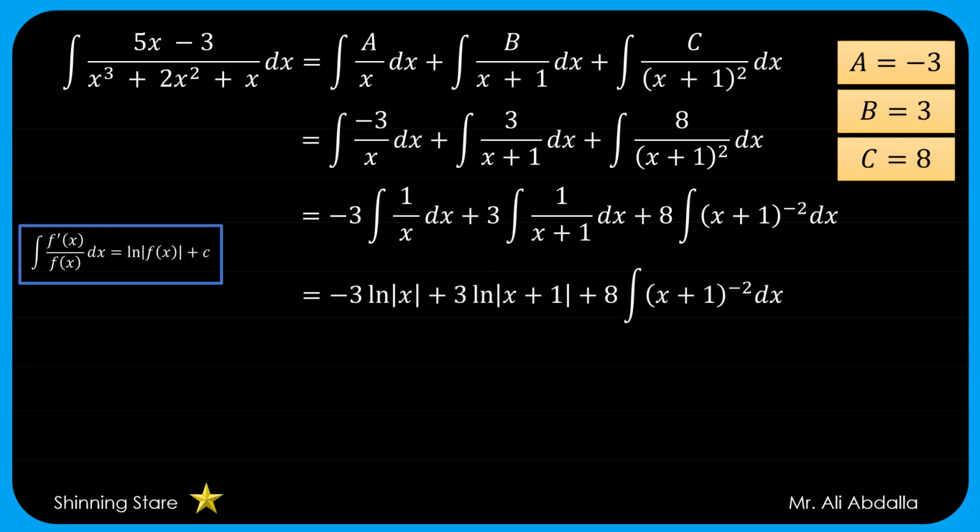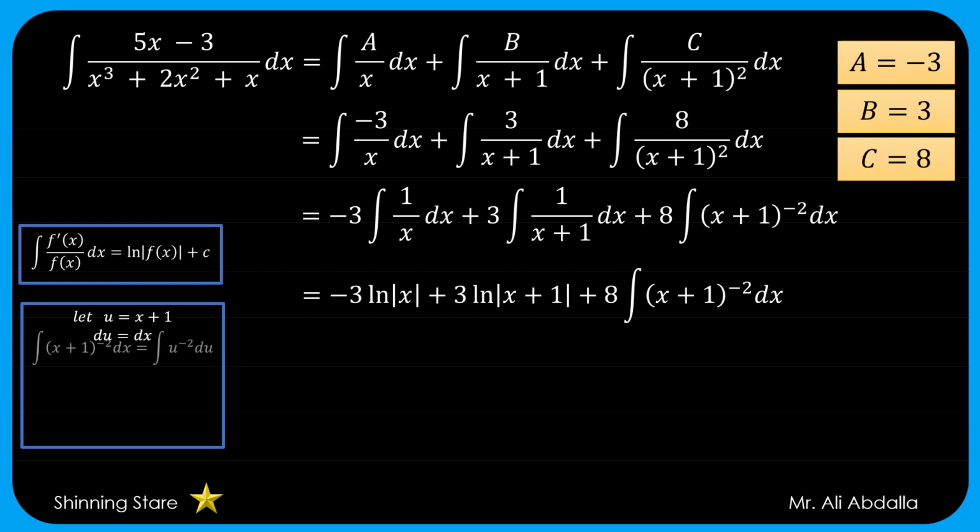Then the first integral equals negative 3 natural logarithm of absolute value of x plus 3 natural logarithm of absolute value of x plus 1 plus 8 times the integral of x plus 1 all to the power negative 2 with respect to x. For the last integration, we need to use the substitution method. Let u equal x plus 1. Then du equals dx.